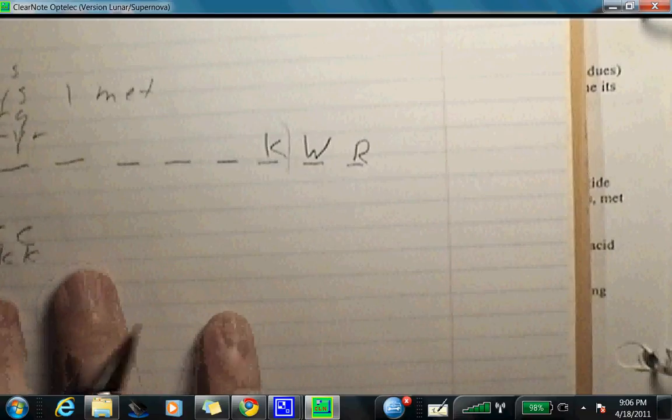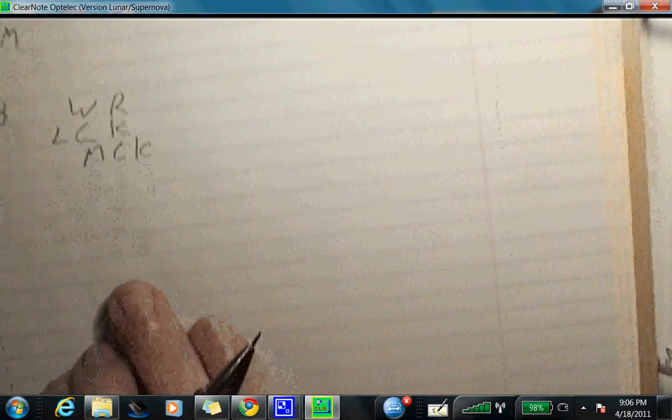This is the only way this can be arranged, because our R must be the last one. So now we've figured out 3 amino acids. We know where this one is. We don't need to worry about that anymore. We know where one of our K is. We still need to find 3 cysteines, 2 lysines, and 1 methionine.